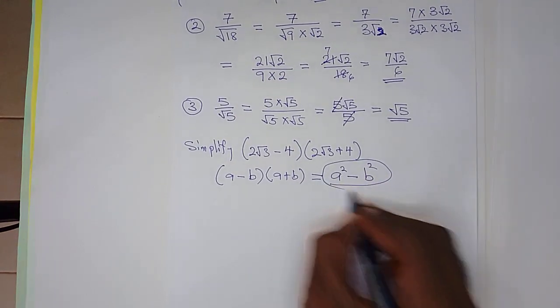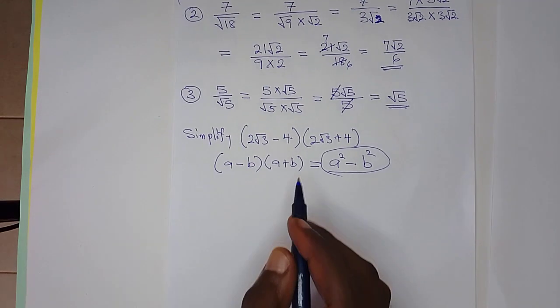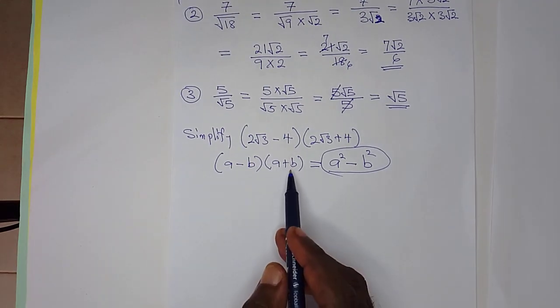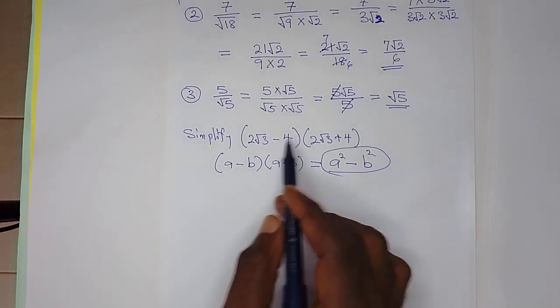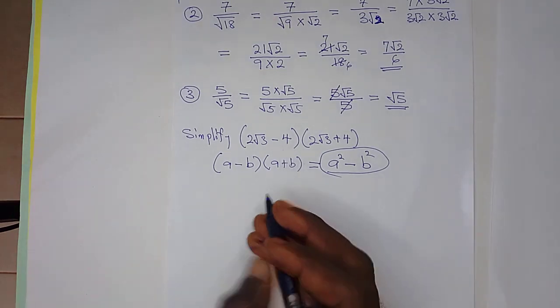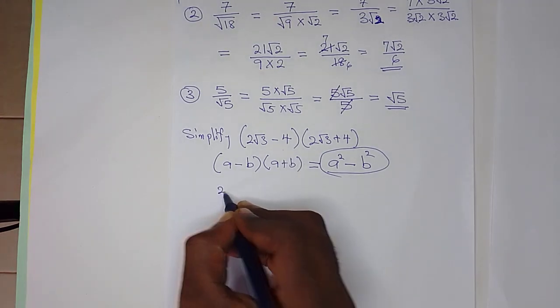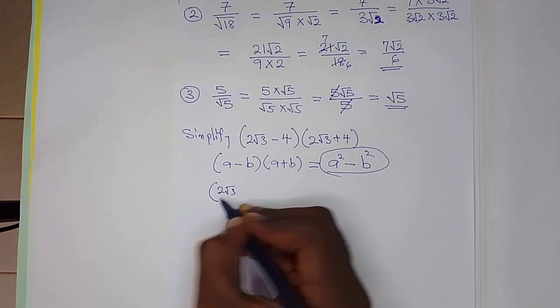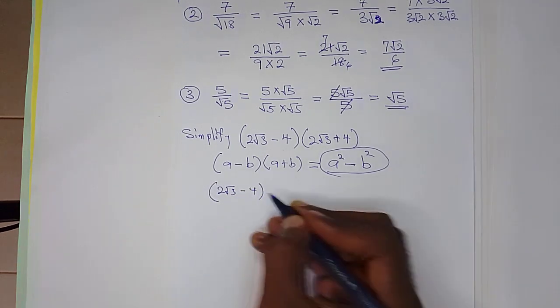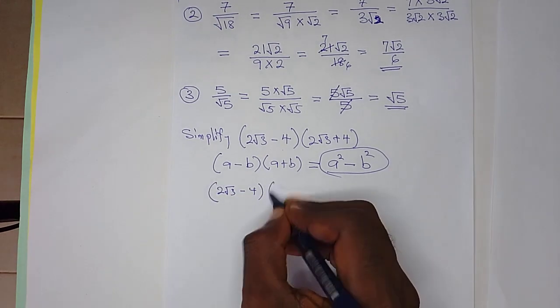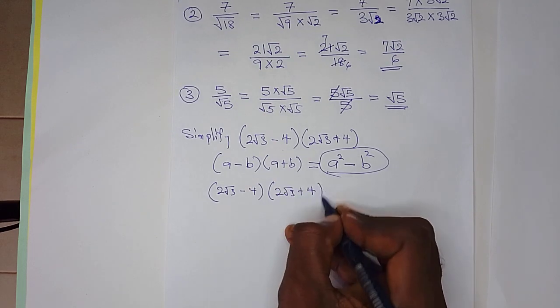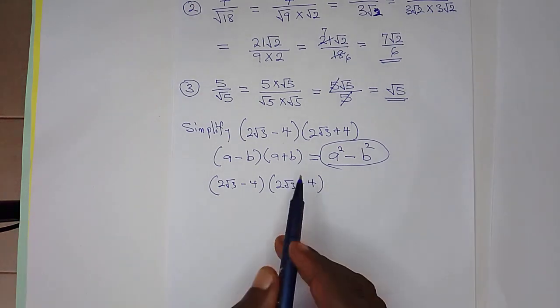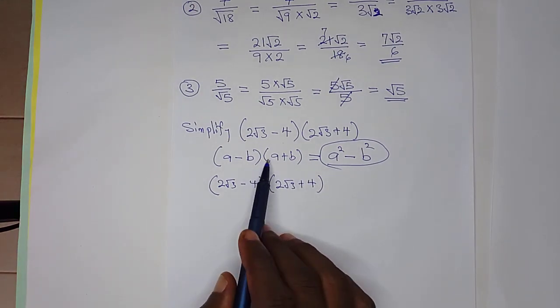So this is it. Now if we apply this same knowledge we got here to this question, we are going to have something like this: 2 root 3 minus 4 in the first bracket. Then we have 2 root 3 plus 4 in the second bracket. So you can see this is the same thing we have here.